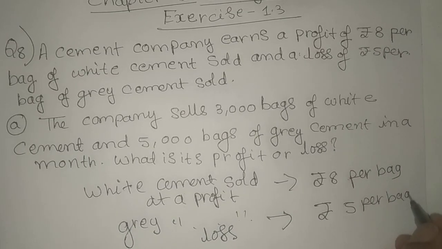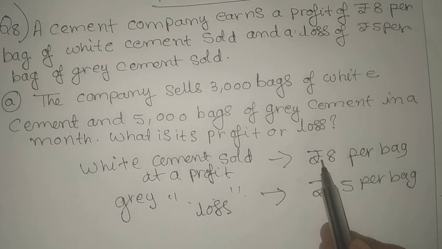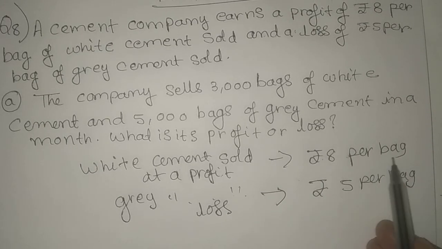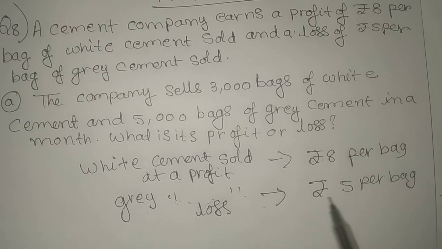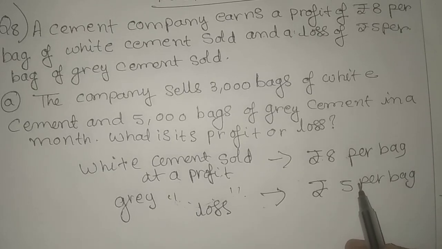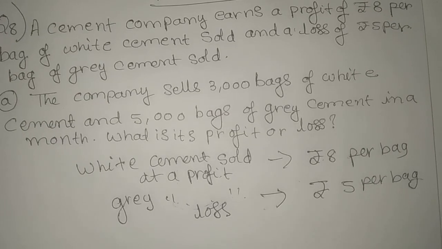So if they sell white cement, they will earn a profit of 8 per bag, and if they sell a grey cement bag, there is a loss of 5 rupees per bag.